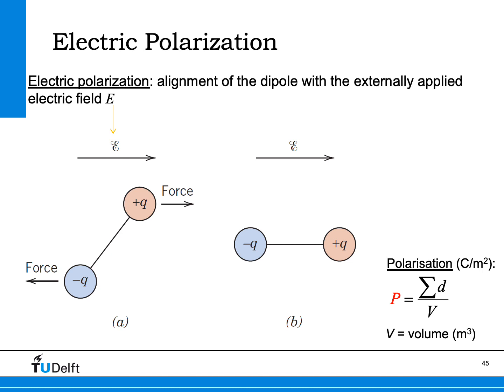Moving on, we go to the electric polarization. So what is that? Well, that's basically the alignment of the dipole with the externally applied electric field E. So if we have our dipole again with the positive charge Q, the negative charge minus Q, as a result of the electric field E, a force will be applied on the charge, and it's in different directions depending on the sign of the charge.